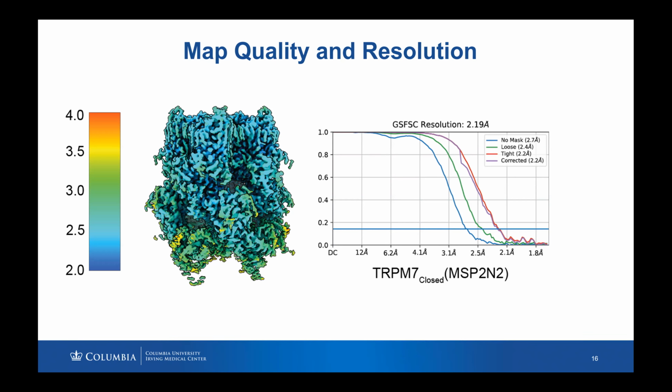The question is about the purification, right? Yes. So we actually had a lot of problems with this mutant. Why? Because, as I mentioned, TRPM7 is a constitutively open channel. So it's not always open, but it opens pretty regularly, let's say 1% of the time.